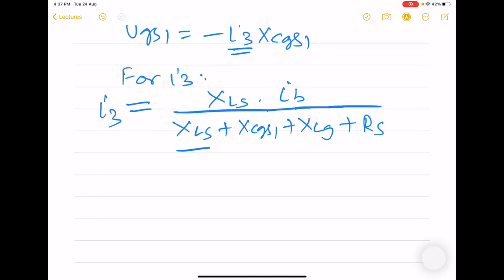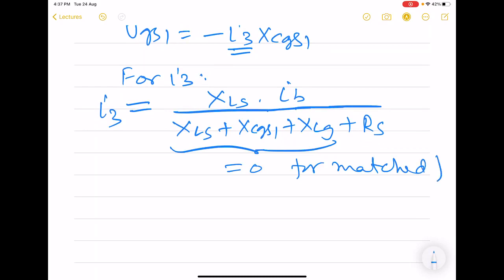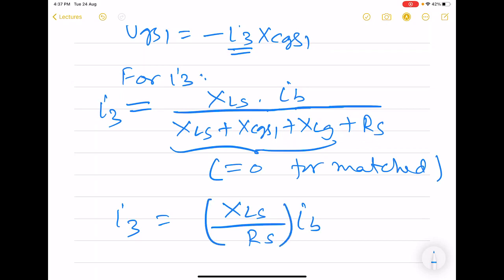Now recall that we are going to use this for the match condition, and for match condition this is going to be 0. So this I3 then simplifies to XLS divided by RS into IB. So this is the simplified expression that we get for I3.